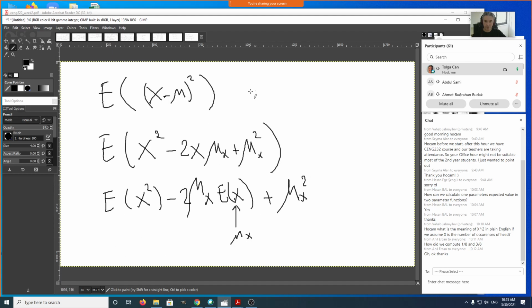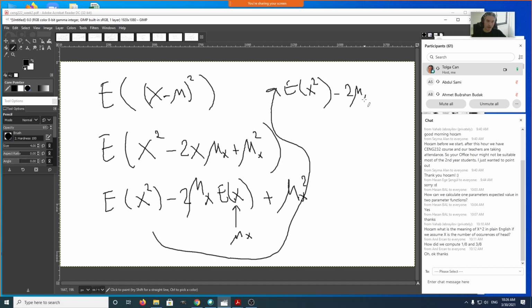So this entity here, I'm going to move on to this side: expected value of x squared minus 2 mu x squared, and I have plus mu x squared there, which nicely cancel to E of x squared minus mu x squared, the standard formula for variance.